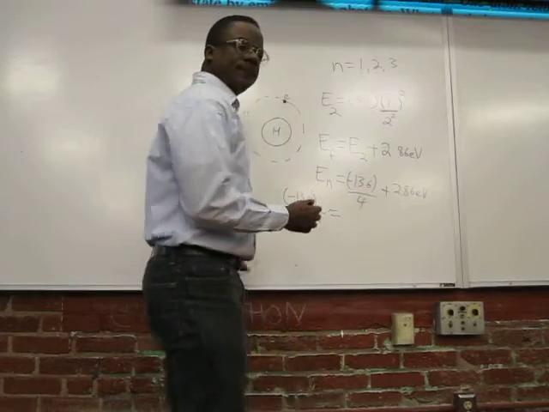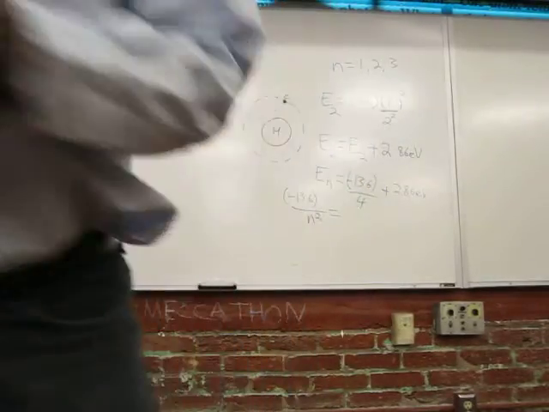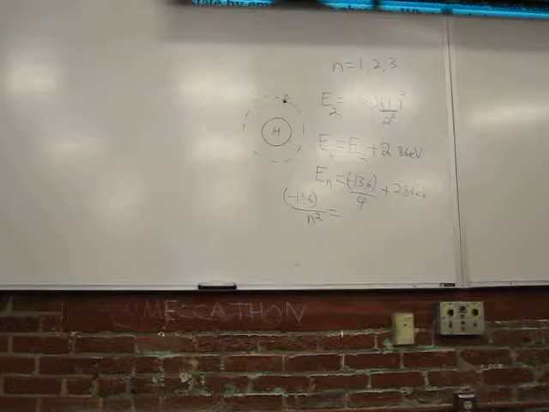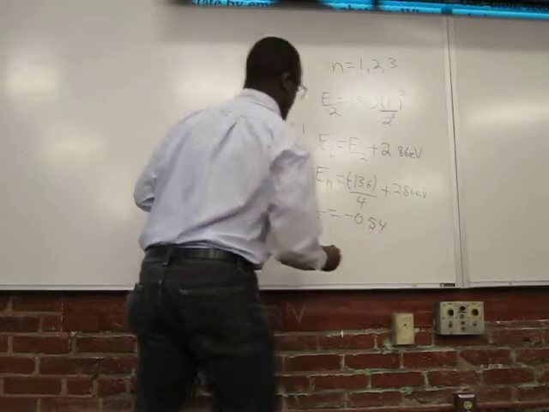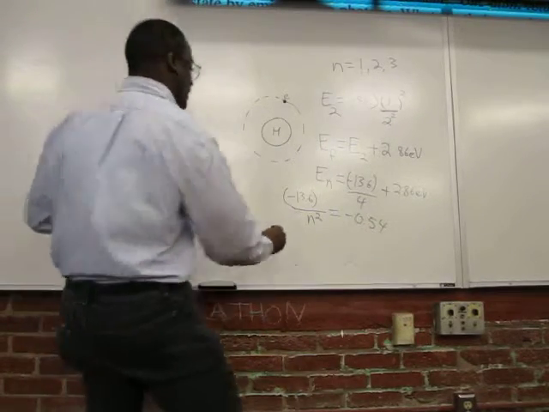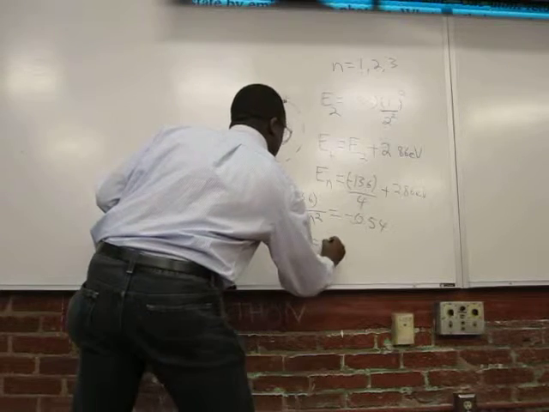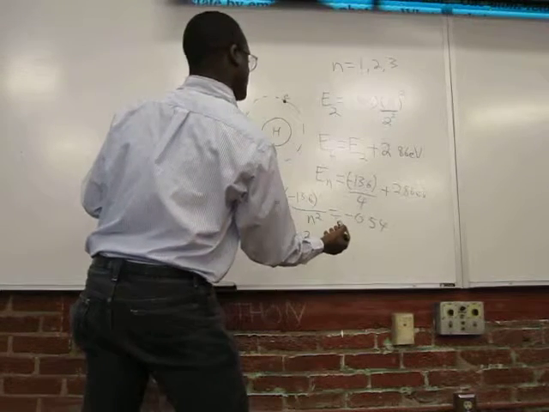So let's work this out. Negative 13.6 divided by 4 plus 2.86 gives negative 0.54. Is that what you got? Okay. Now let's do a little algebraic simplification here.